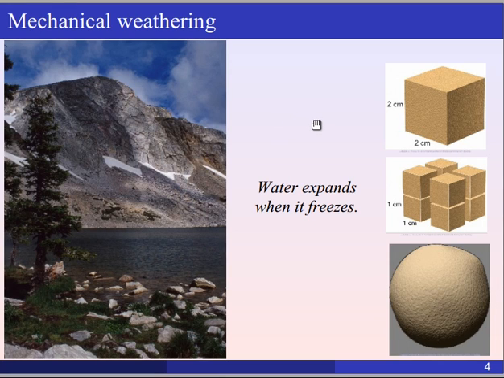Mechanical weathering takes place for a variety of reasons, but the one you're most likely to encounter is that water expands when it freezes. If you ever put a soda in the freezer, you've noticed the can bulging out, right? Well, same thing happens when water freezes in the cracks in rocks. It'll actually split the rock apart. That breaking it down into chunks, into smaller and smaller sizes due to mechanical weathering is what breaks quartz, really hard, into smaller and smaller chunks of sand.